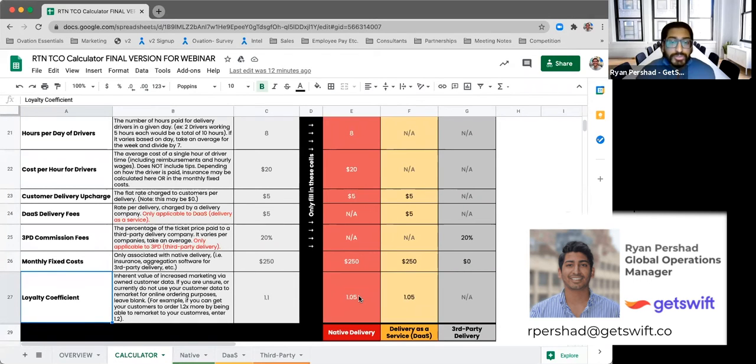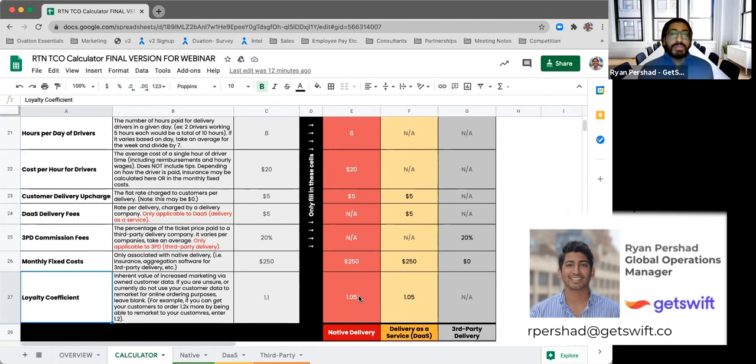By owning all those channels, you get access to very powerful data that helps you improve your business over time. It allows you to start thinking almost like a technology company, looking at the lifetime value of a customer. How do you manipulate the data to get someone to buy more, understand when someone's buying, increase basket sizes? The loyalty coefficient was an attempt to encompass that in a metric.